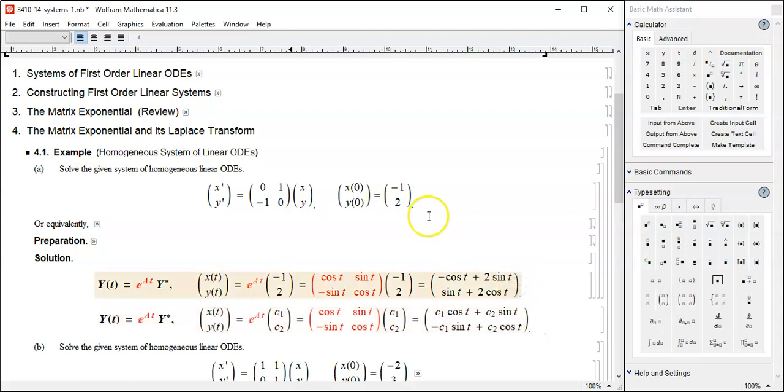This is the unique solution of this initial value problem, and this one is a general solution when the initial condition is not present. Either way, the key point is the matrix exponential, because we already established this. Okay, there are a little bit of holes to fill in, but we established it. So the key point is the matrix exponential, and that's something we are going to focus upon.